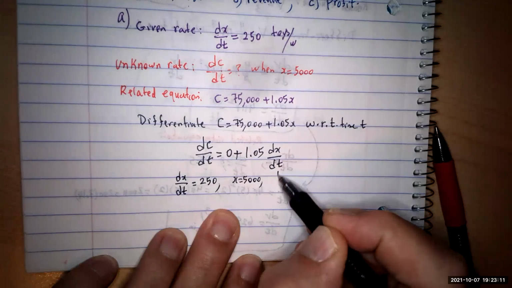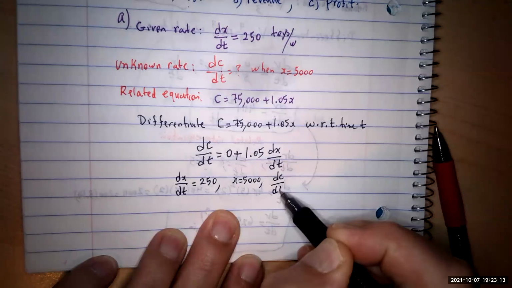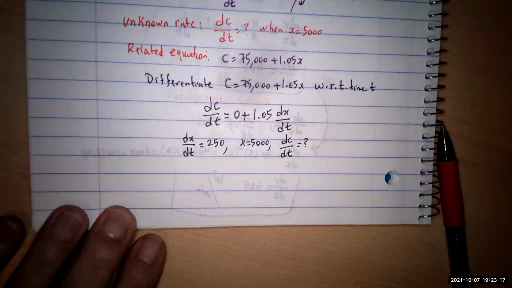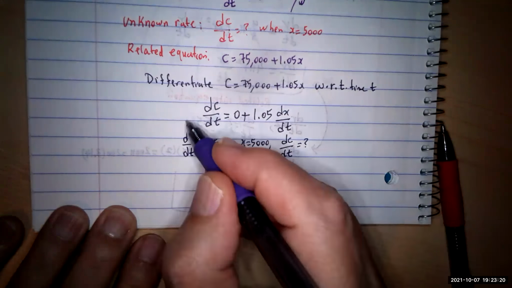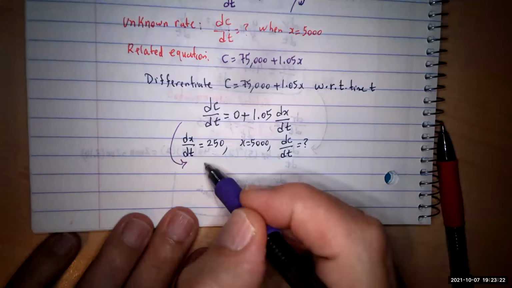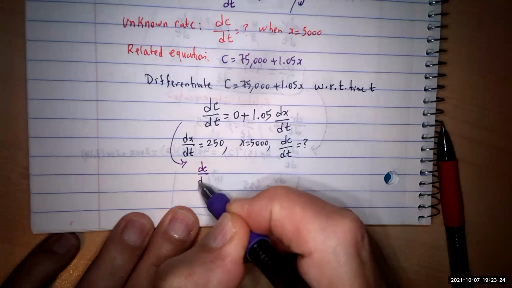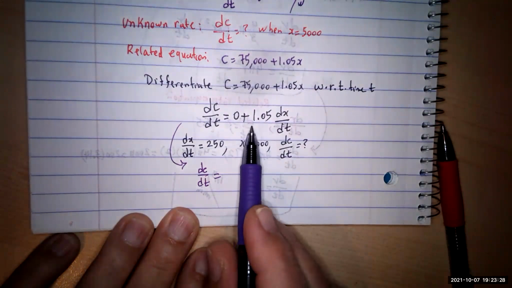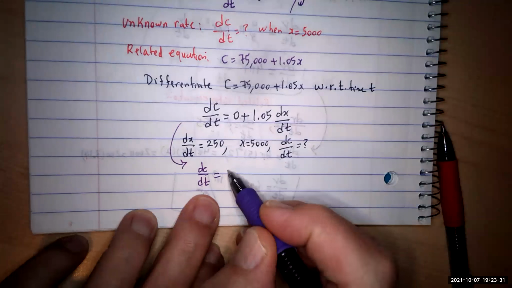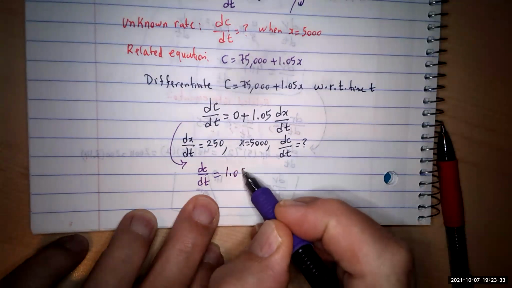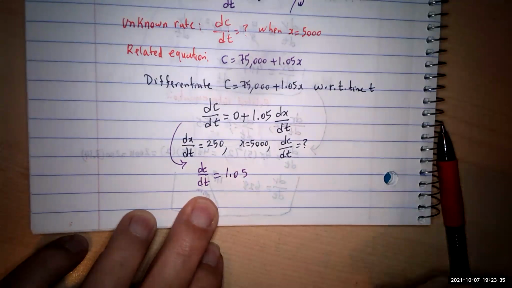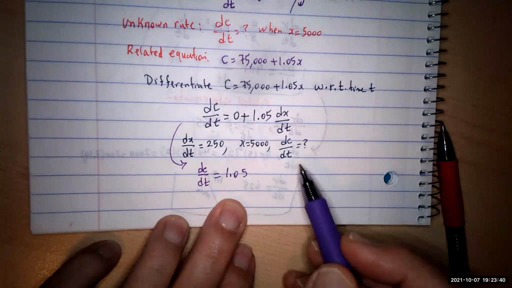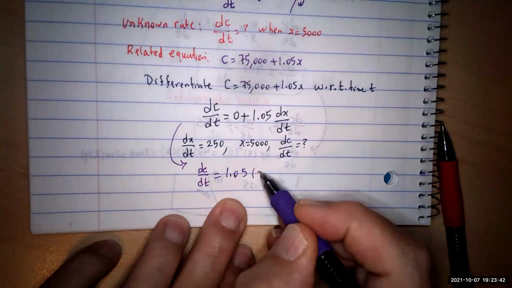And the dc dt, the cost rate, is missing. Just substitute. So dc dt would be equal to 0, plus 1.05, and there is no x here, times dx dt, and the dx dt is 250.